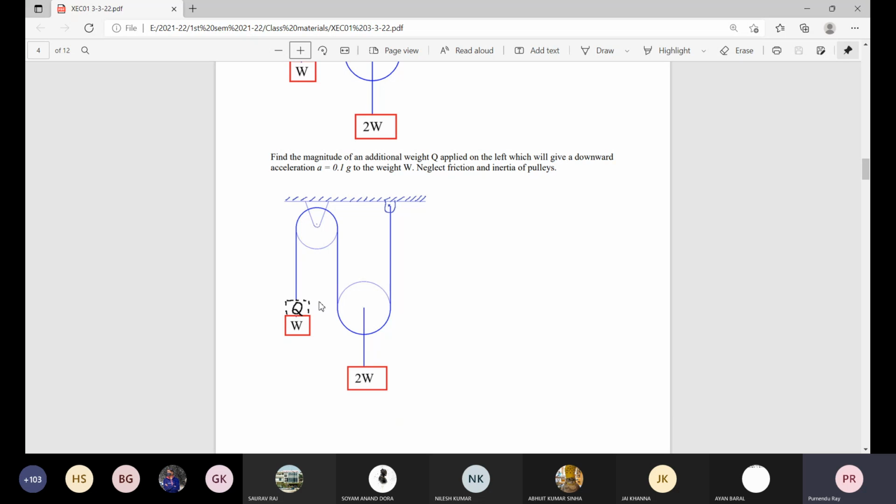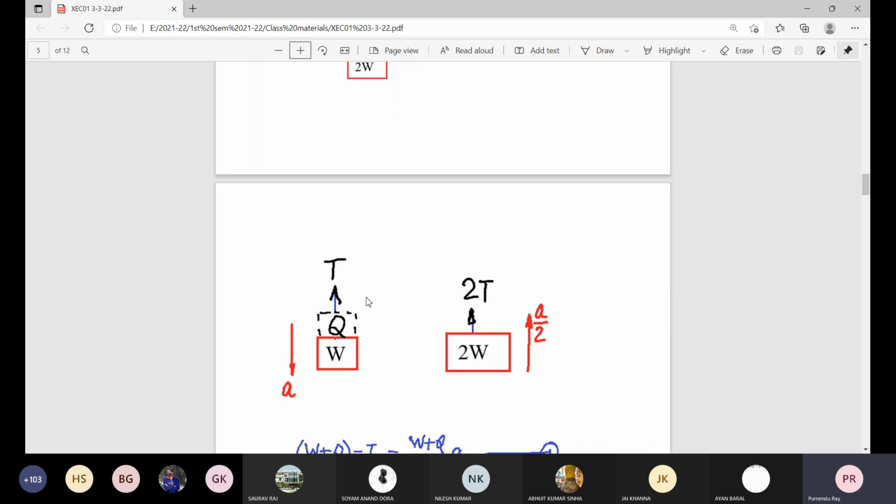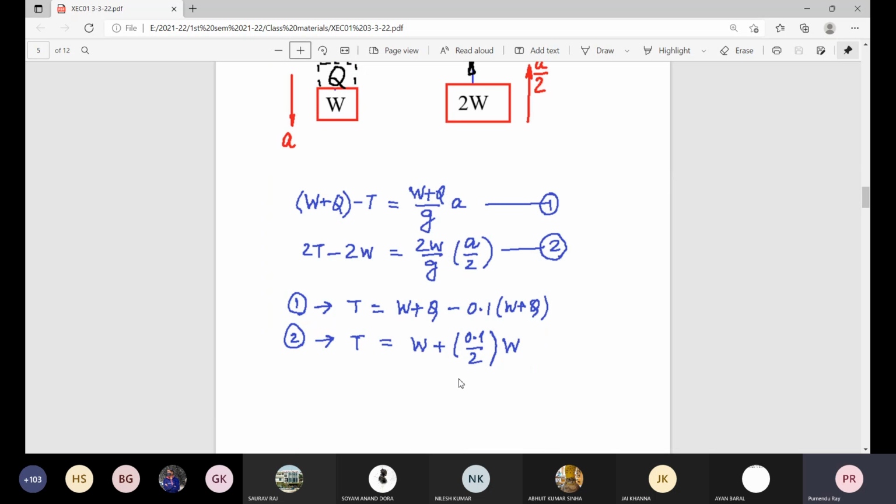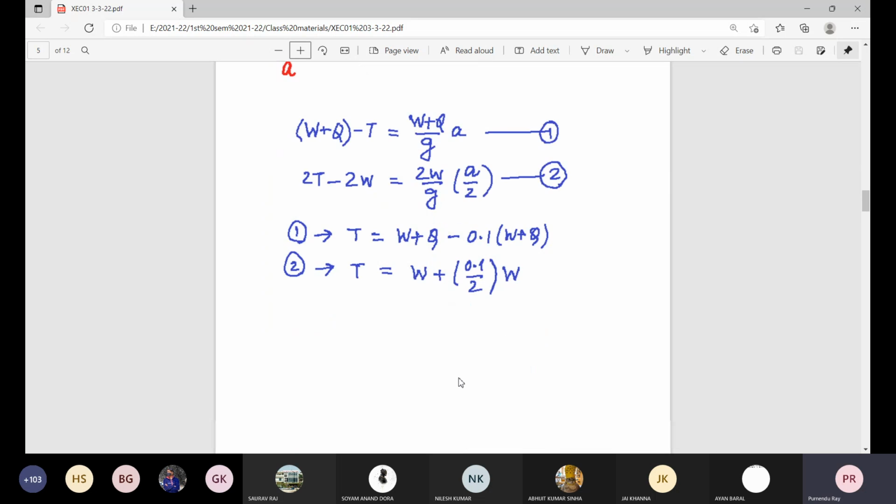So you place this weight and this is the acceleration produced. So you draw these individual diagrams for individual motions. From kinematics we get the relation between the acceleration of this block W and this block twice W, and this simple equation we solve and you can find out the value of Q.